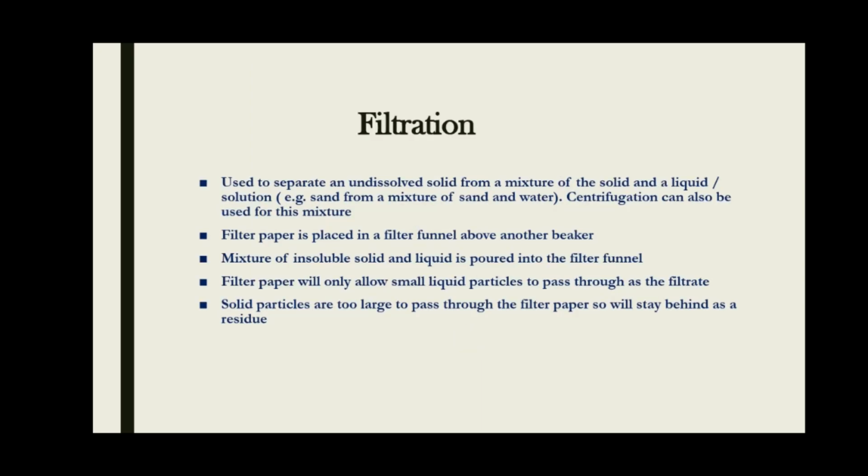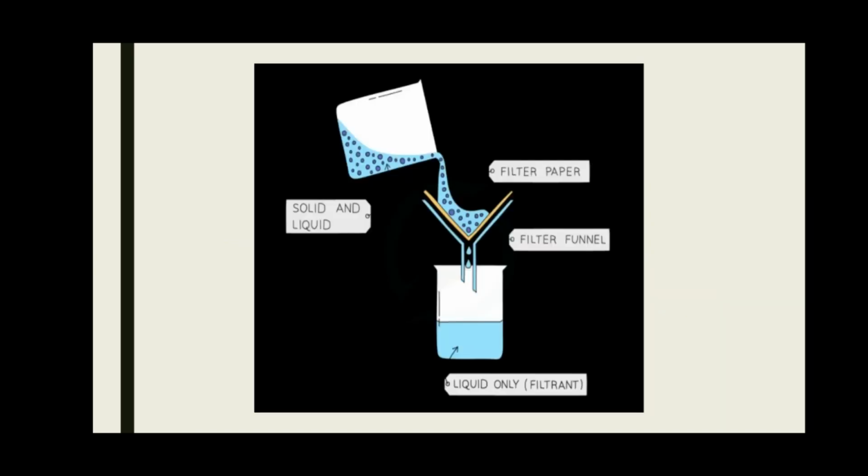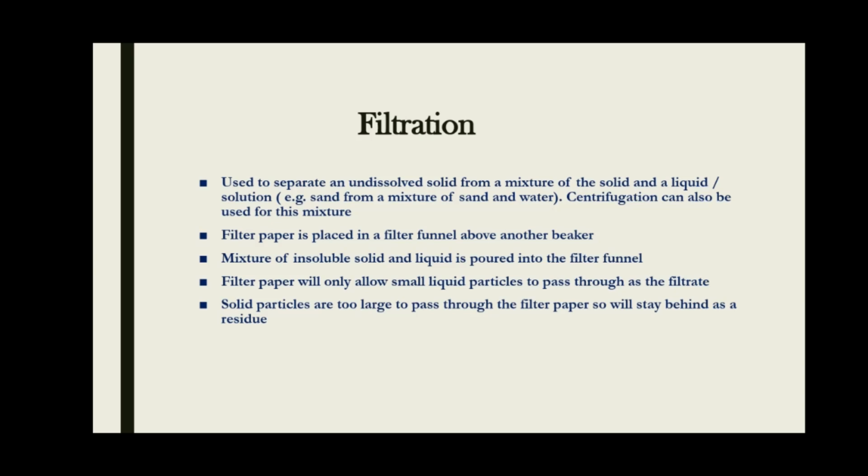Now the filter paper will only allow small liquid particles to pass through as the filtrate. It will restrict the movement of the sand particles, and it will only allow the liquid to flow and be collected in the beaker underneath it, which is called the filtrate. The solid particles, the large, heavy sand particles, would be unable to pass through the filter paper, and so will stay behind as a residue.